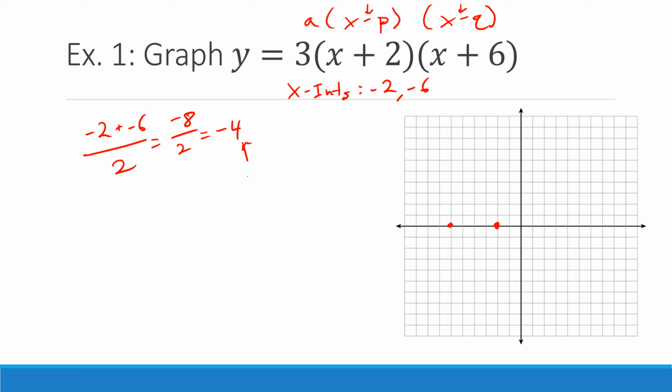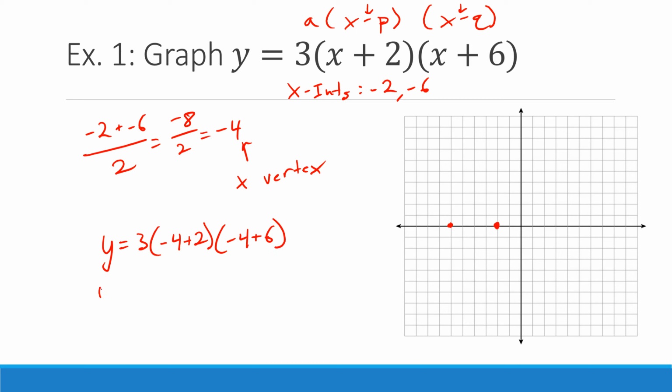So this is the x-coordinate of the vertex. I need to find the y-coordinate, of course, and to find the y-coordinate, let's just plug in -4 and see what the y-coordinate ends up being.